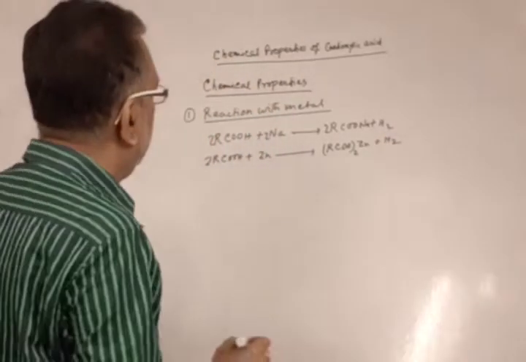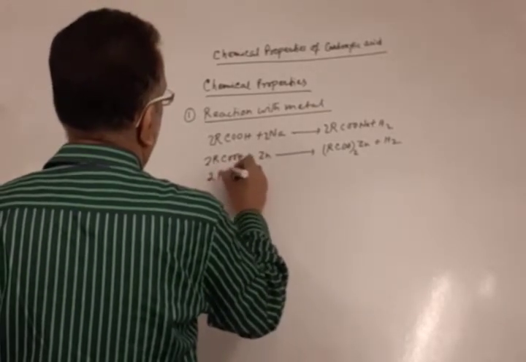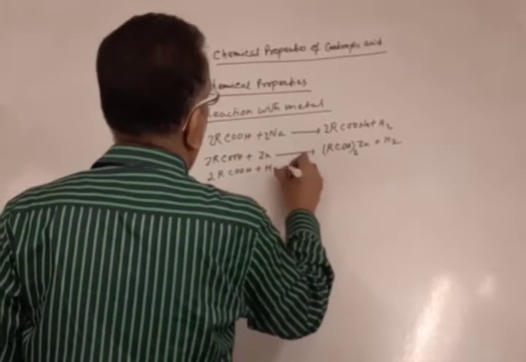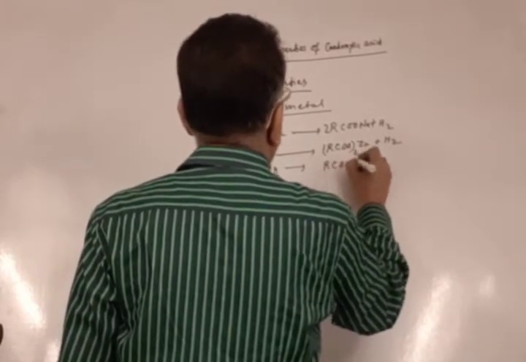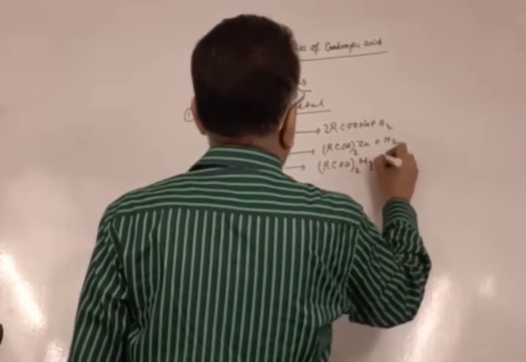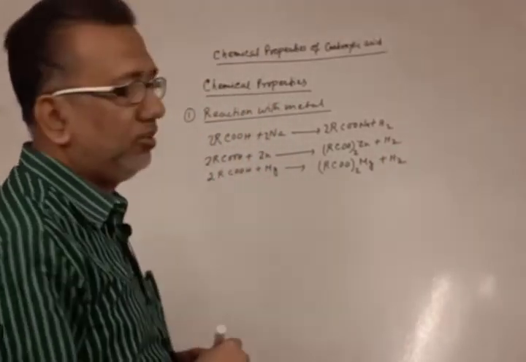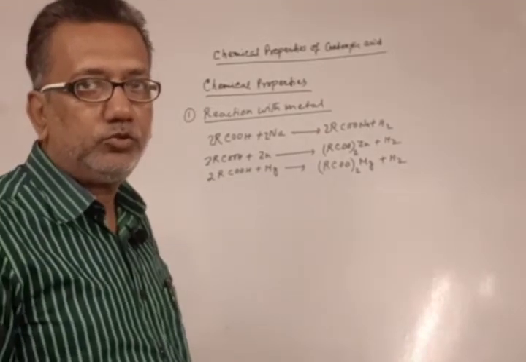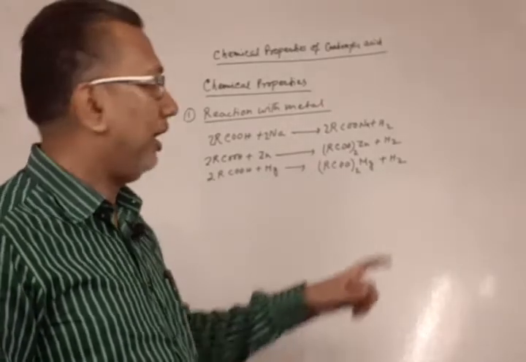Similarly, in the case of magnesium, we get (RCOO)2Mg plus H2. So these are the common reactions of carboxylic acid with metals. They react with metals to form the corresponding metal salt of that acid and hydrogen gas.